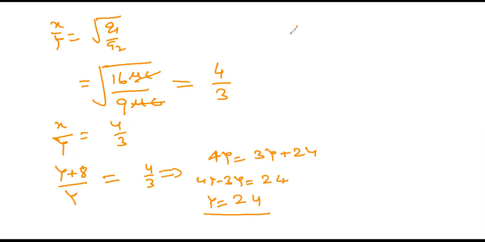What will be x? X is equal to y plus 8, that is 24 plus 8, 32. So this is the answer of this question. At this point, the electric field will be zero. Have you understood? Yes, sir. We'll go for the next question.